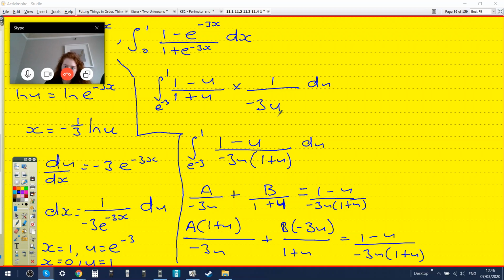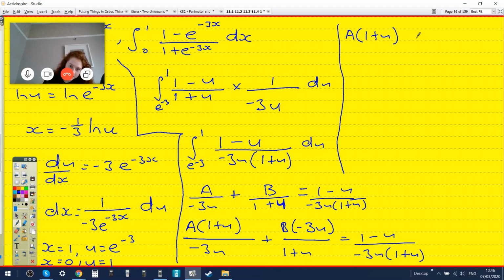And from there, can we just take the top row? Yes, exactly. Well done. So then we can take it when u is equal to minus 1.